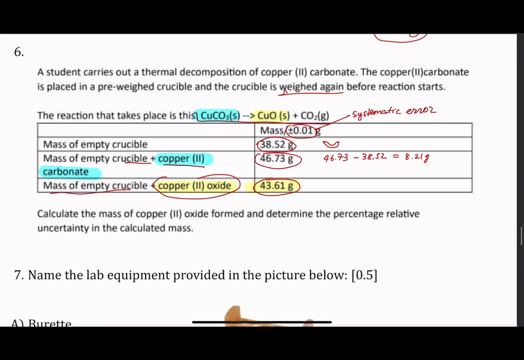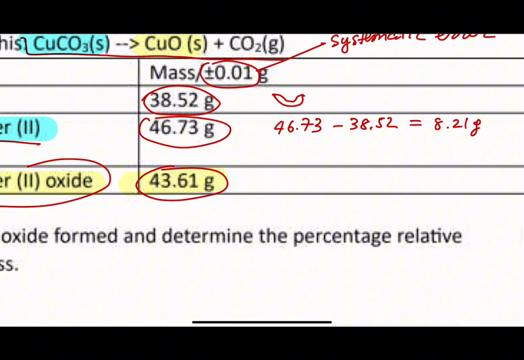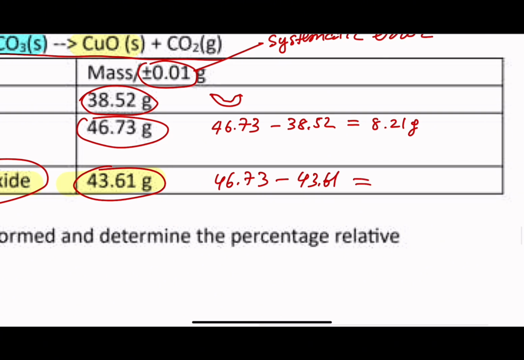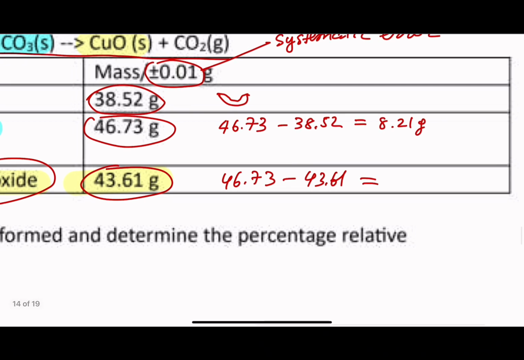The weight is 43.61 with the crucible. So you still need to deduct the weight of the crucible, which is again 46.73 minus 43.61, and you ended up getting 3.12 gram.